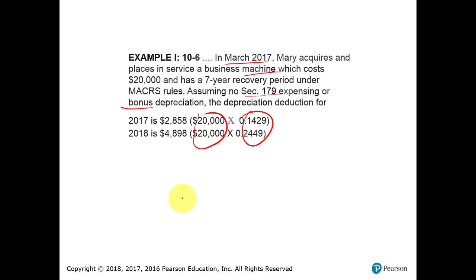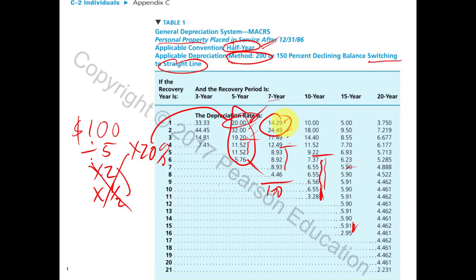So if I go back to that depreciation table, 1, 2, 3, 4, 5, this 8.93 in the table assumes that you held the asset for the full year. But under the half-year convention, remember we adjust the first year, which is built into this table, half year, and the year you dispose of it, which is not built into the table.